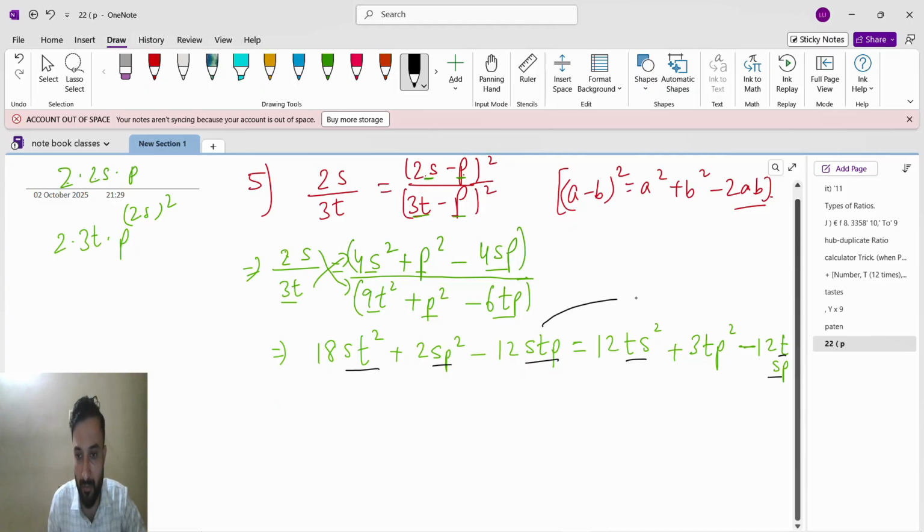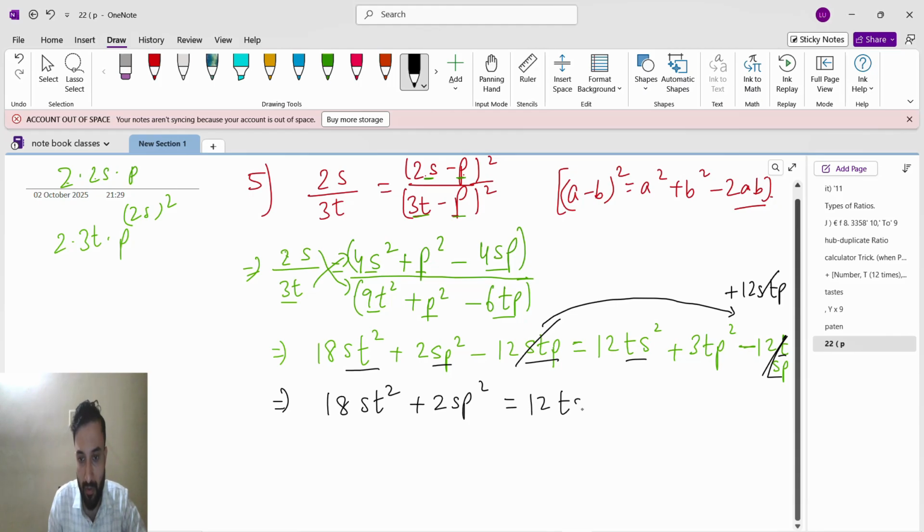Minus 12 stp will go to the other side and become plus 12 stp, so plus 12 stp minus 12 stp gets cancelled. So what we have remaining is 18 s t square plus 2 s p square equals 12 t square s plus 3 t p square. Right? Now we will see the options.